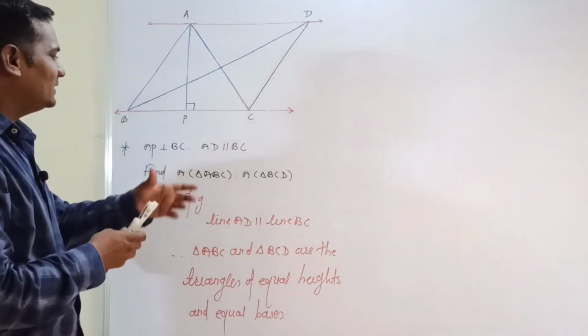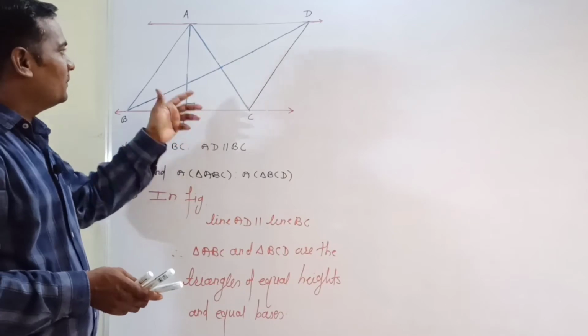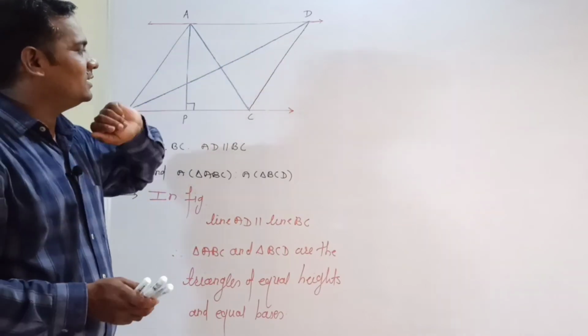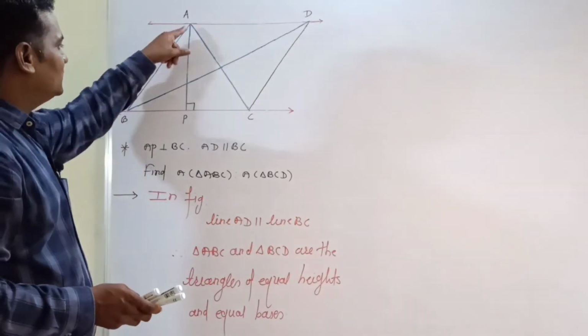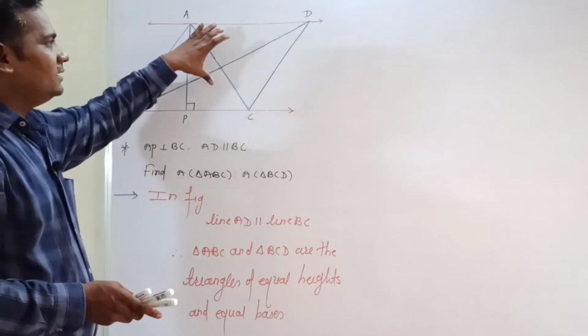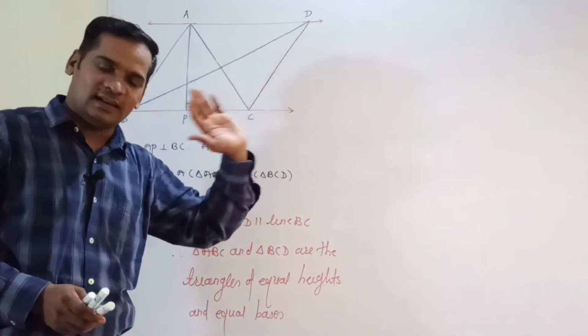These two triangles, look at this, base BC is common and height of both triangles is also equal, because these two triangles lie in between two parallel lines.